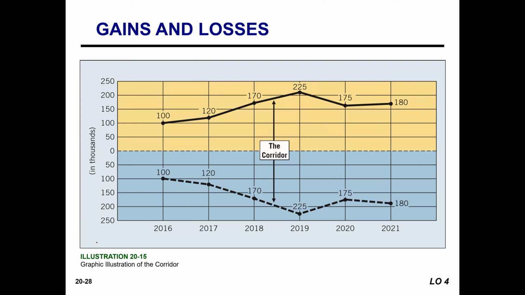FASB set a limit of 10% of the larger of the beginning balance of the projected benefit obligation or the market related value of the plan assets. So anything above here or below here, the accumulated other comprehensive income account related to gains and losses is considered too large and must be amortized.